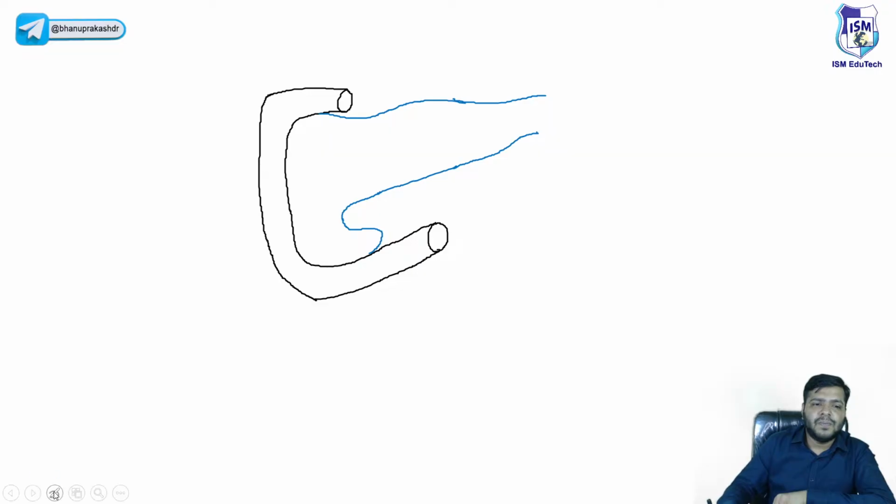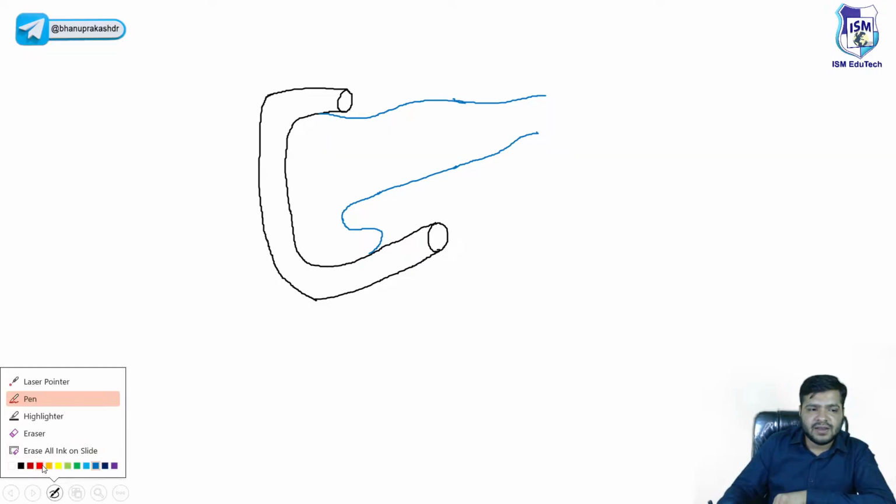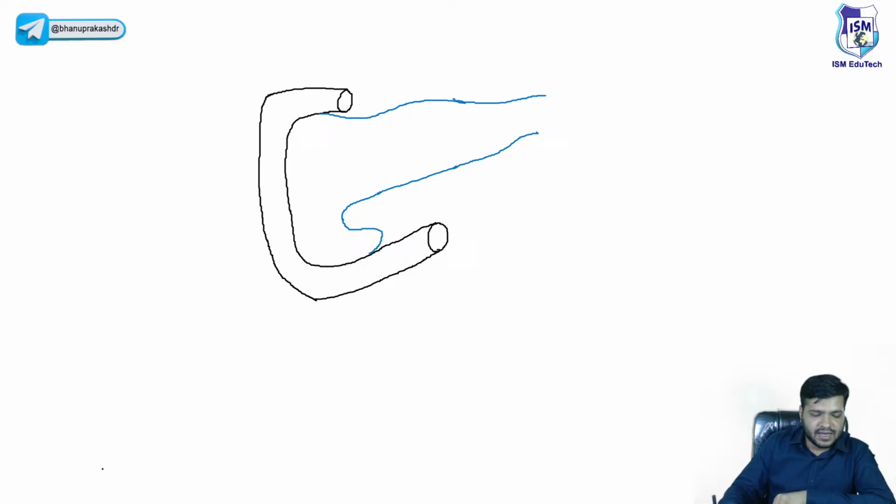You already know behind the neck of the pancreas, basically the vein is coming. Behind the neck of the pancreas, basically there will be reunion. So behind the entire part of the pancreas, this vein is coming, and this vein is called the splenic vein.